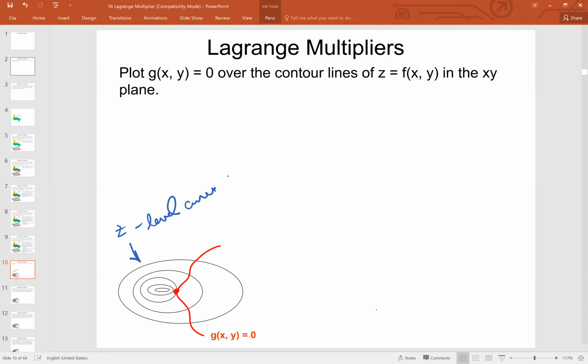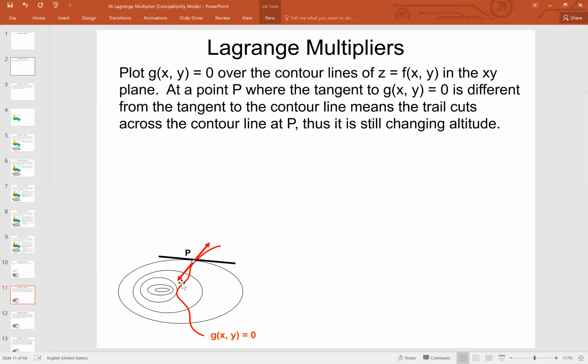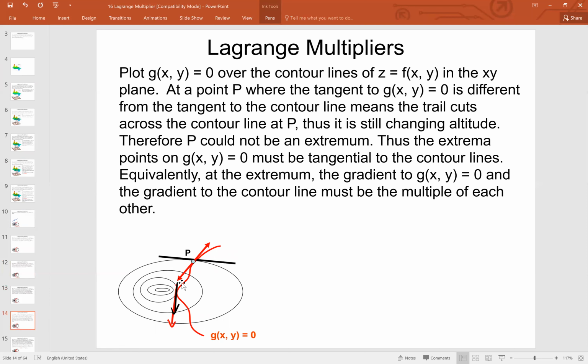If I'm looking from a drone flying on top, taking a picture downward, and you are at the high point of the trail, the trail path must start going down. It's not going to pass through the level curve, no, not like that. So the drone knows that you are on top when the tangent line to the level curves is the same as the tangent line for the constraint.